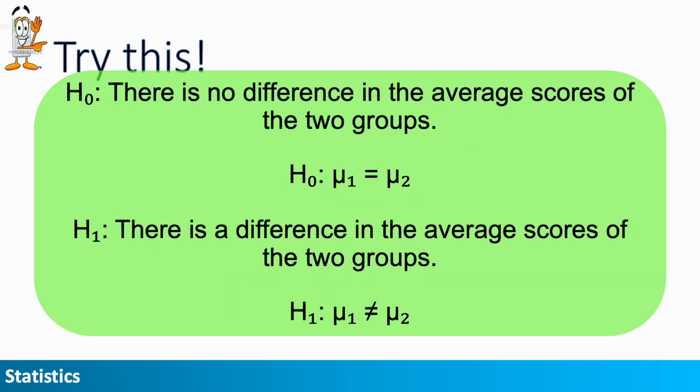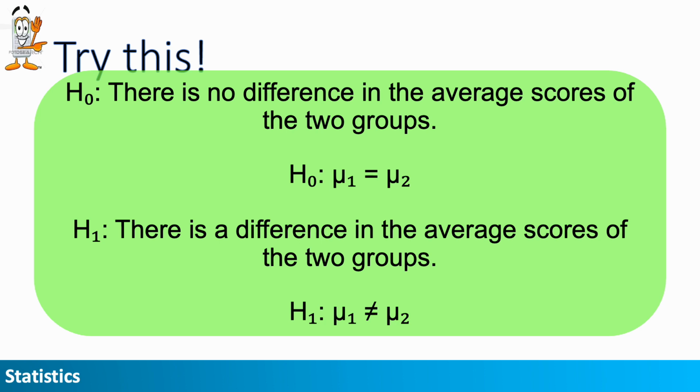Here are the alternative hypotheses. Oh, here, instead of A and B, we have used 1 and 2. It's okay. Mu sub 1 would refer to the mean of the first group, and mu sub 2 would be the mean of the second group. The assumption is, the null hypothesis is there is no difference in the average scores of the two groups.